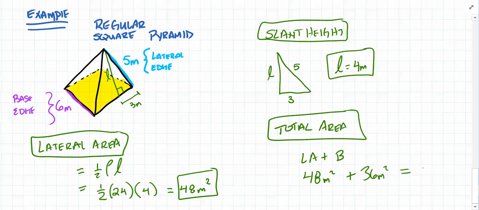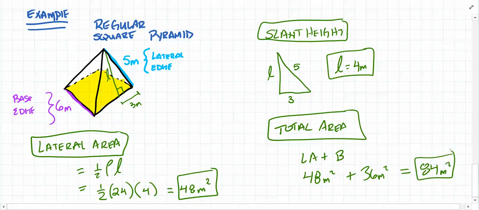So we found slant height, we found lateral area, we found total area. We're going to find the height of this pyramid next, which is also called the altitude. Very good. This one's a little bit tricky because you have to figure out where it is. So look at your drawing here.